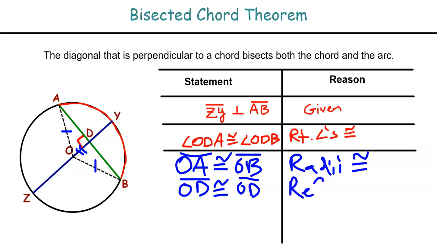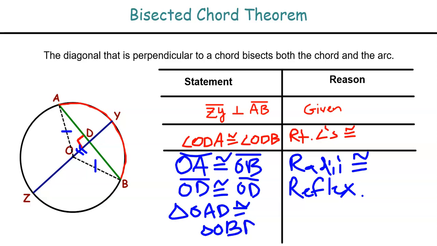And importantly, because of the particular type of theorem that we're going to use here, it's the hypotenuse that is congruent to the hypotenuse of the other triangle, as well as one of the other sides. So the two triangles are congruent to each other by hypotenuse leg. And so therefore, triangle OAD is congruent to triangle OBD by the hypotenuse leg postulate.